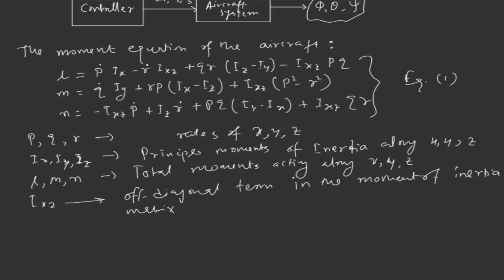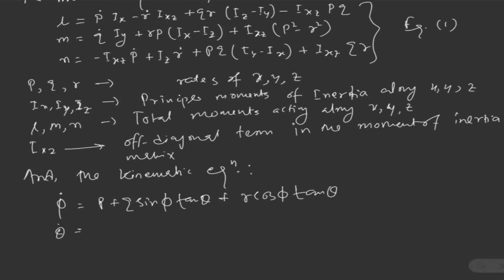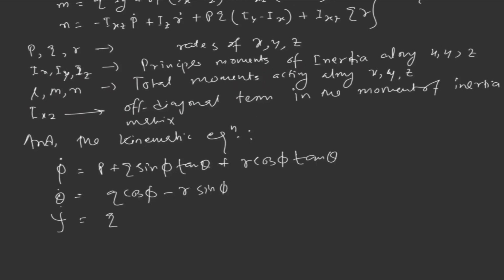So we also need to consider the kinematic equation, and we can write: phi dot equals P plus Q sine phi tan theta plus R cos phi tan theta, theta dot equals Q cos phi minus R sine phi, and psi dot equals Q sec theta sine phi plus R sec theta cos phi.